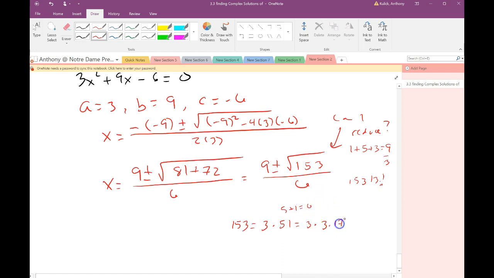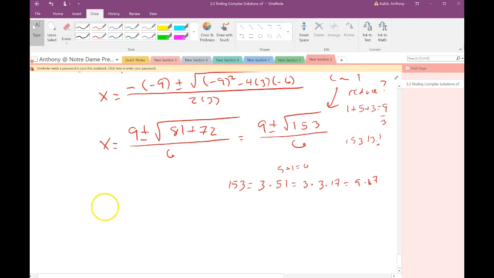That's 3 times 17. So I know that the square root of 153 is the same as the square root of 9 times 17. You could have guessed and checked that on your calculator too if you were more comfortable doing that, but it's a nice little review of topics you've seen before.